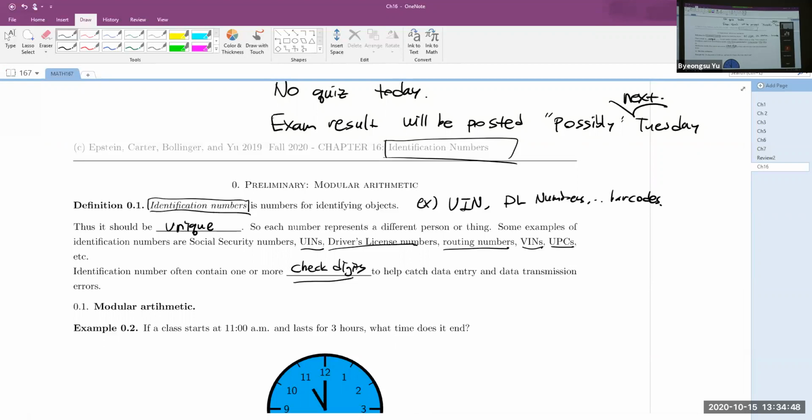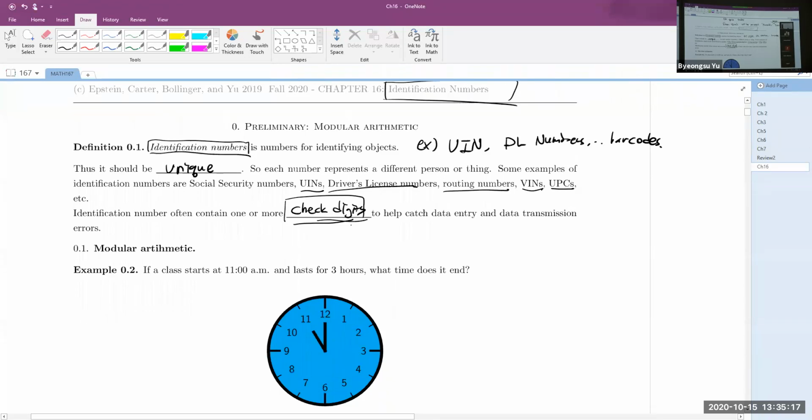So in that time, people were thinking about how to send codes without error, or even if the code contains an error, how to fix it without resending the code and risking another error. That's why we need check digits in identification numbers. We will see what they are in some examples.